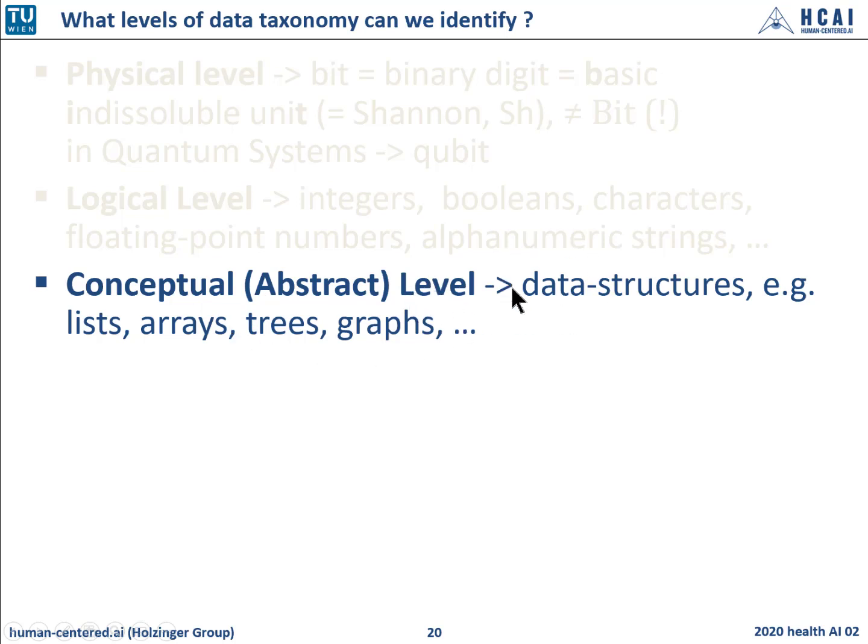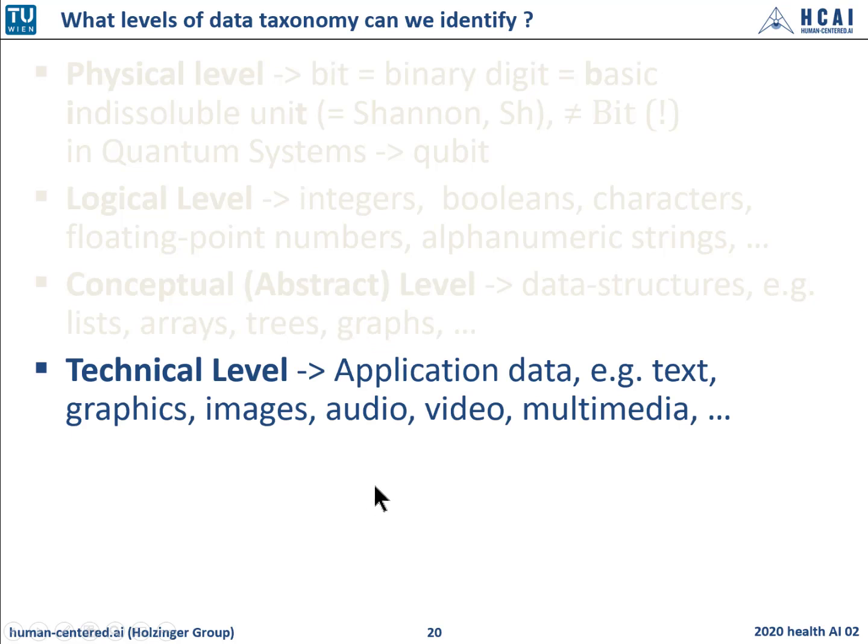So these are our classical data structures as we have learned them in informatics. For example, lists, arrays, trees, graphs, and so on. So this is the abstract level. And then we have the technical level. This is the application data format. So for example, a text or graphics or images, pixel for example, or vector, audio, video, multimedia, and so on.